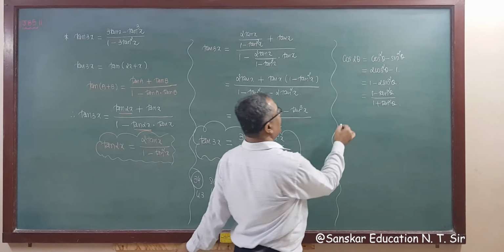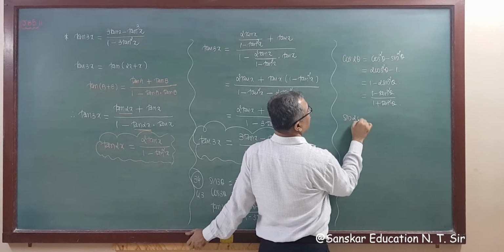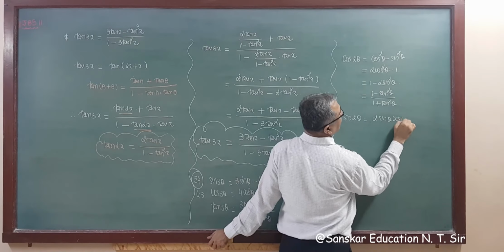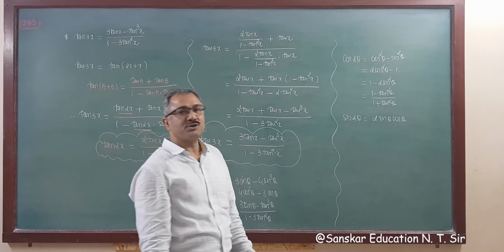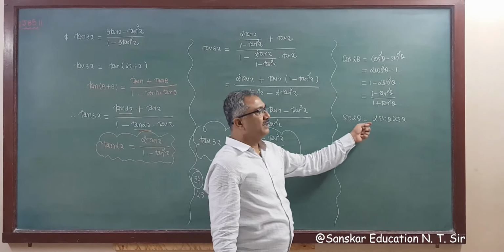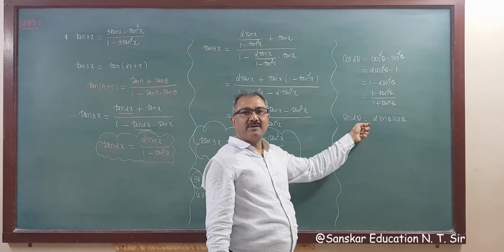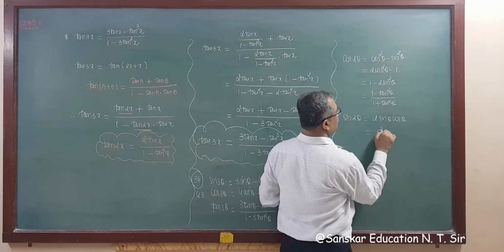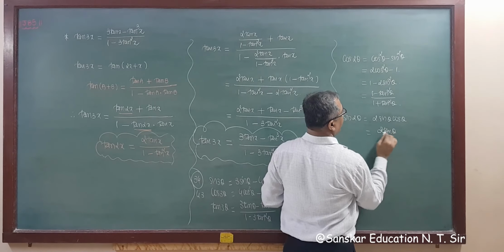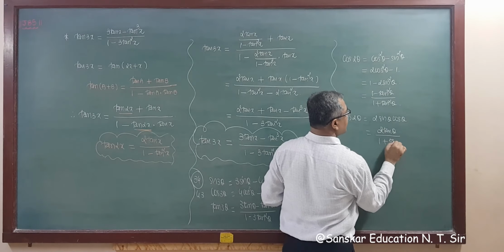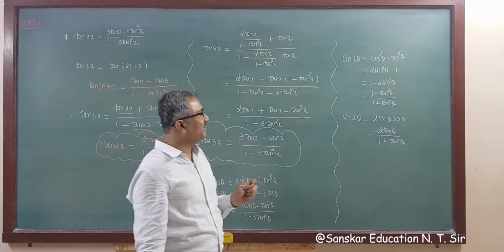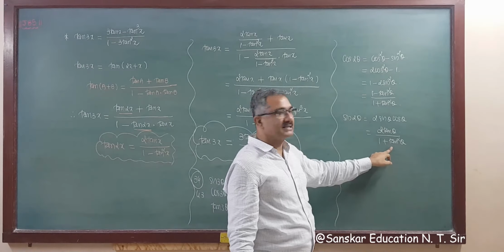Then sin 2 theta is 2 sin theta cos theta, and in terms of tan theta it is 2 tan theta upon 1 plus tan square theta. I said 1 minus, but it is 1 plus tan square theta.